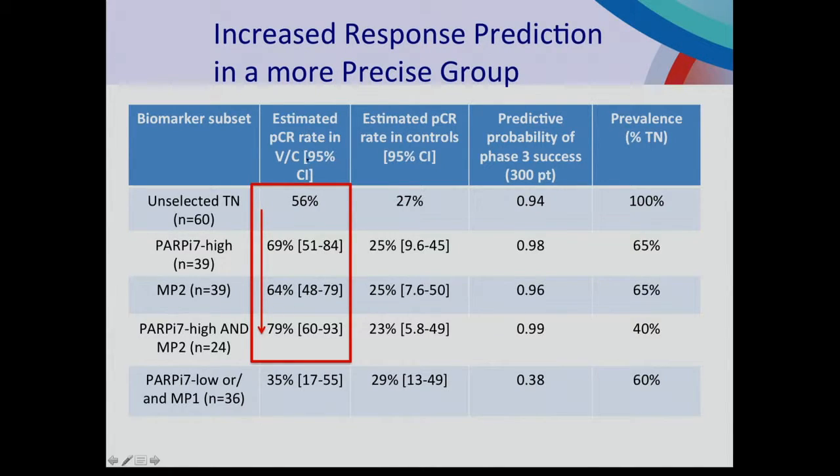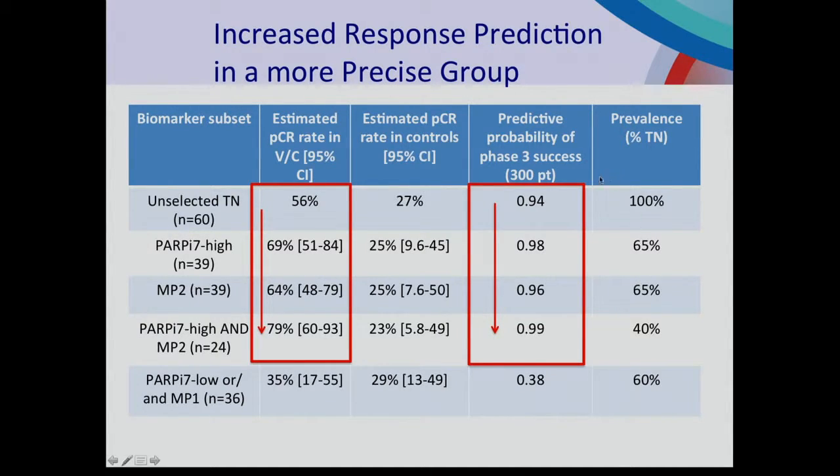The estimated pCR rates here in numbers again go from 56 to 79, and the probability of success in a phase 3 trial would still be 99%. So this particular one in all triple negative is currently conducted by Abbott, who is the owner of this PARP inhibitor.